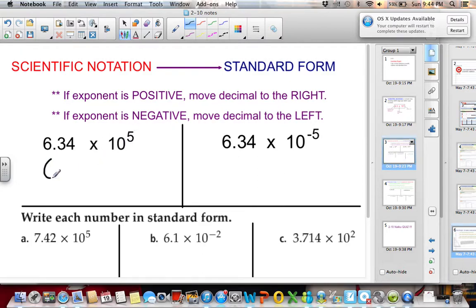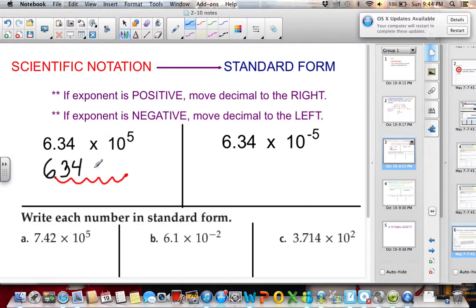So I'm going to rewrite 6.34, and I want to change colors. And I'm going to move it 5 to the right. So I have 1, 2, 3, 4, 5, and this is where my new decimal is going to be.